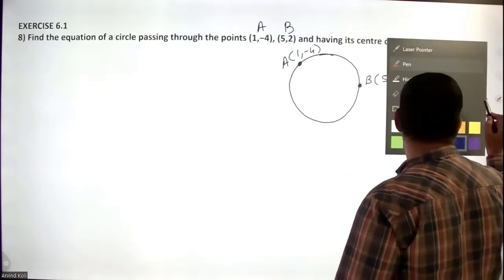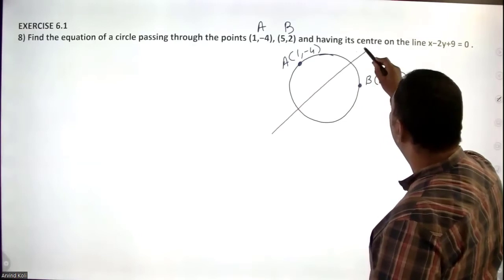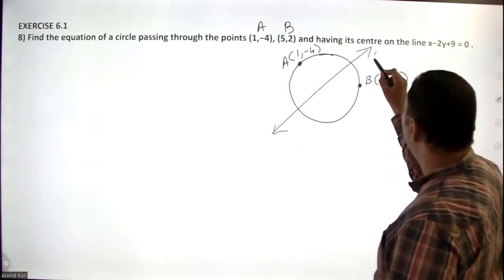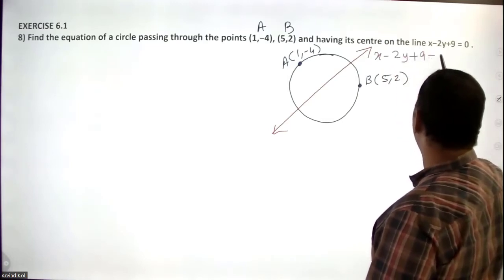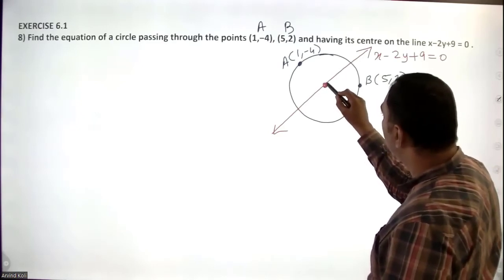So let me draw that line. The equation of the line is x minus 2y plus 9 is equal to 0 and there is a center which is on the line.